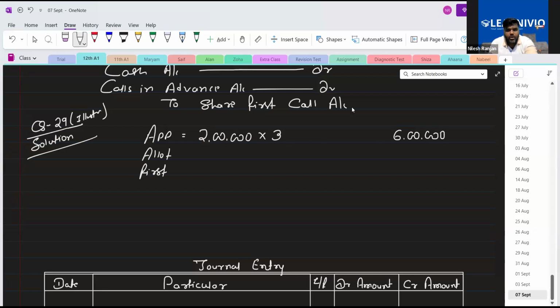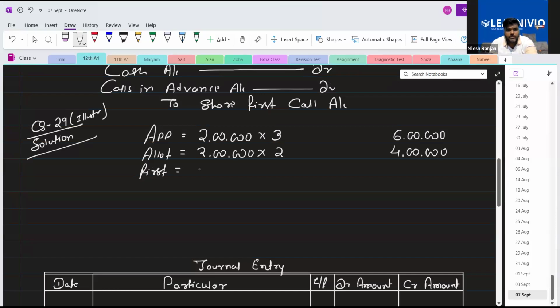Then on allotment 2, so 2 lakh into 2, it is 4 lakh. Then 3 on first call, so 2 lakh into 3, it is 6 lakh.